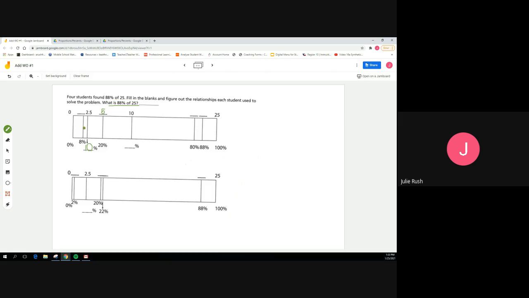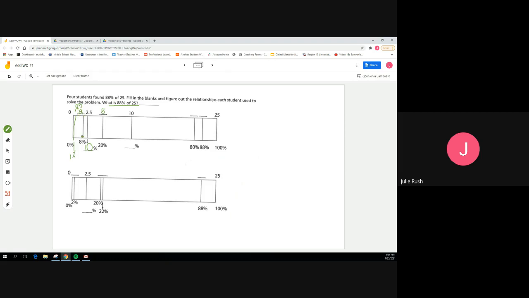That means 1% would be 0.25. And so to get to 8%, 8 times 0.25, or 8 quarters, would be $2.